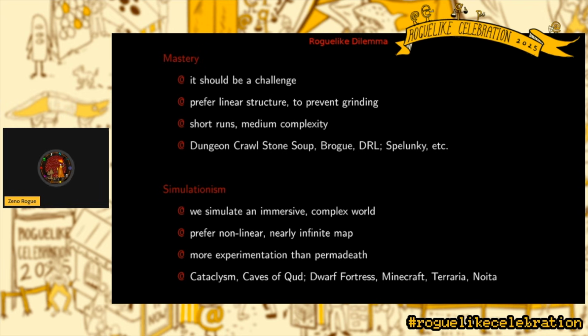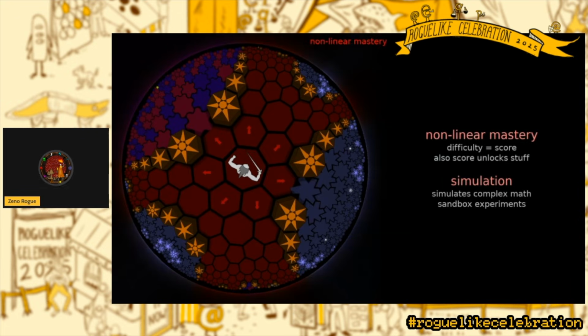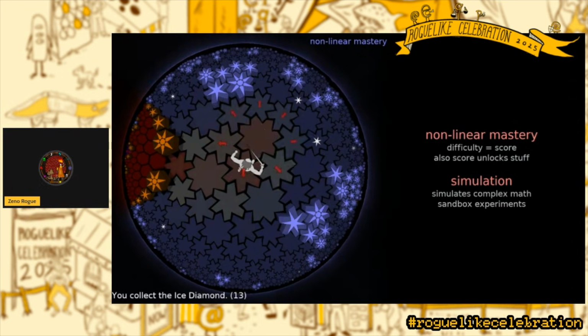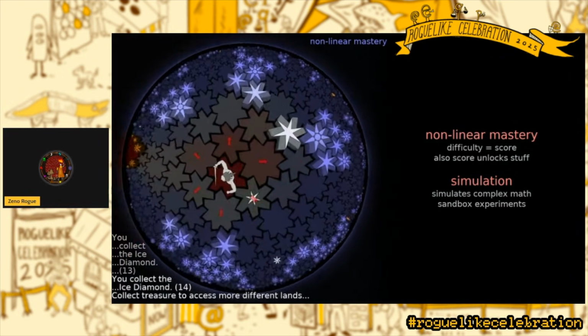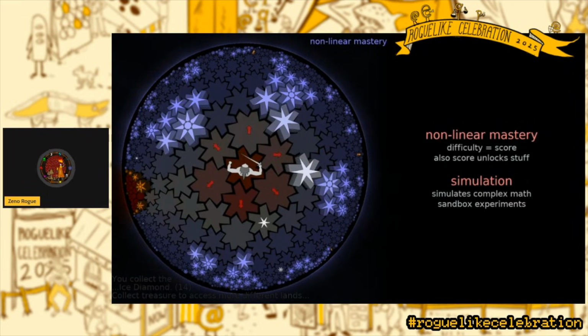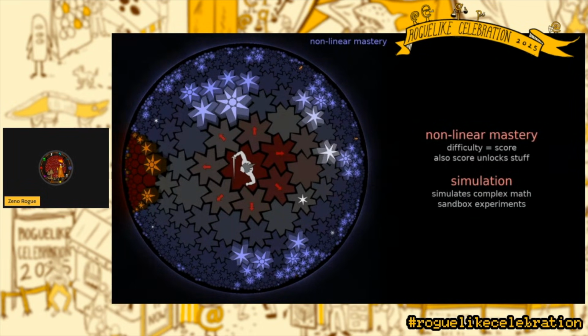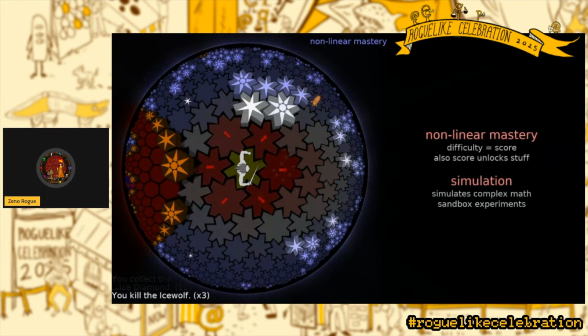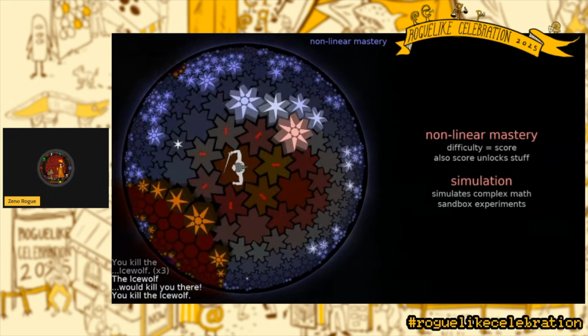So as a game designer, I am more into this mastery direction. I want the game to be a challenge. I don't like grinding, for example, but this infinite world is a great match to have.